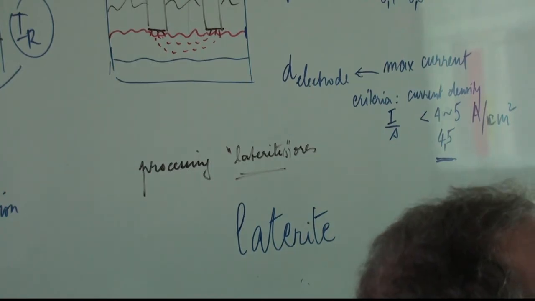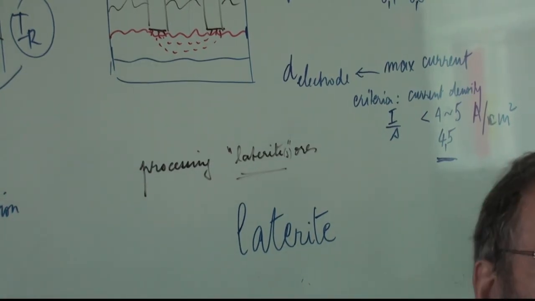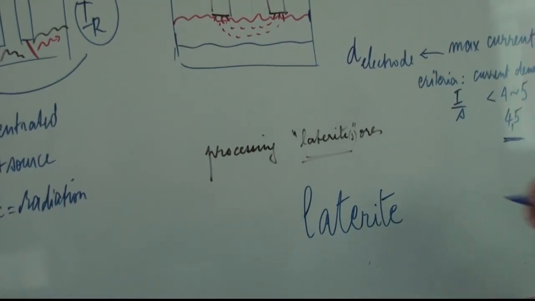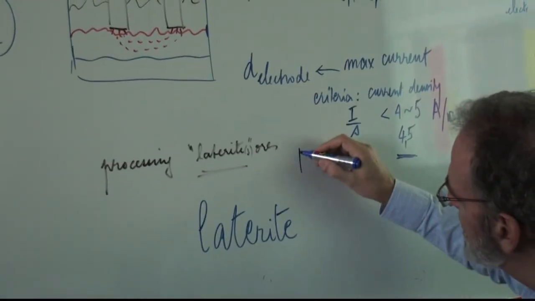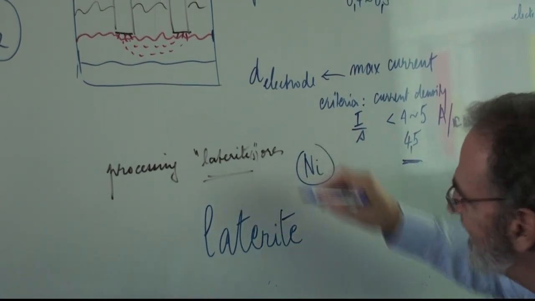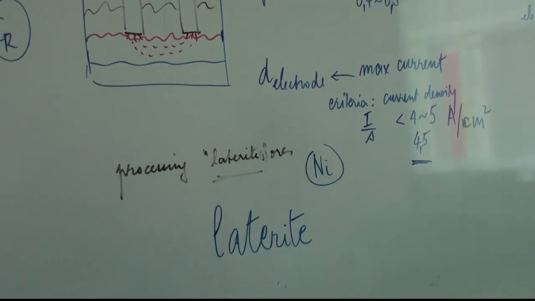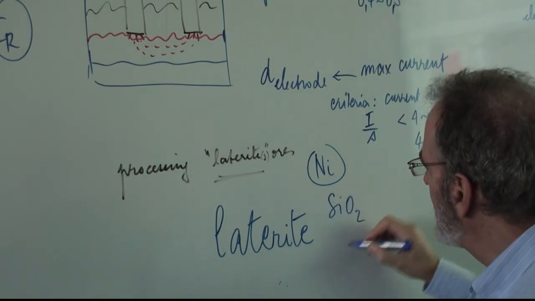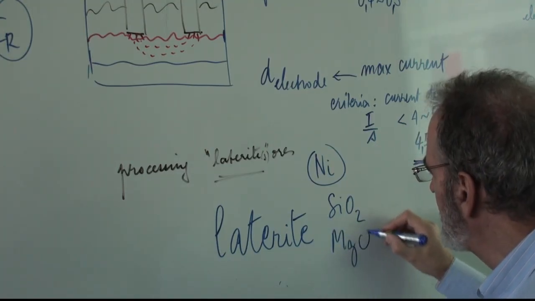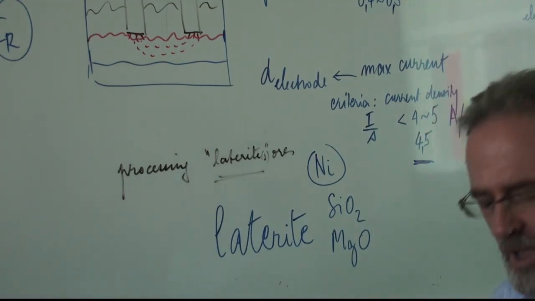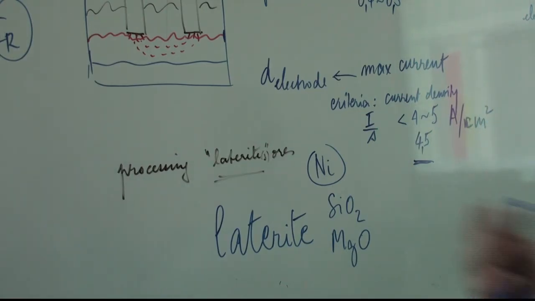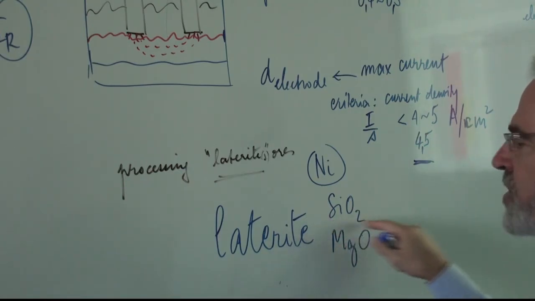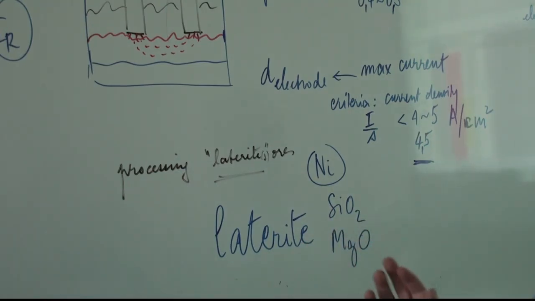So actually the laterite ores include, of course, a little bit of nickel. That is the objective, but most of what they include is silica and magnesium. With different origins, the proportion of the two varies a little bit.